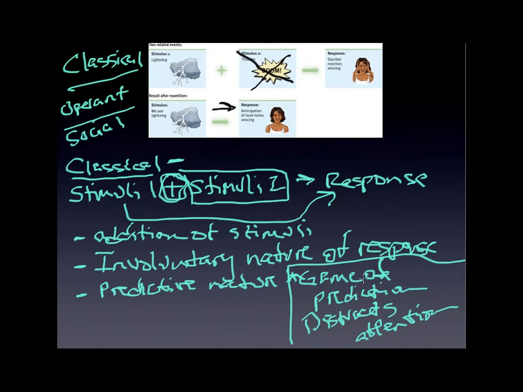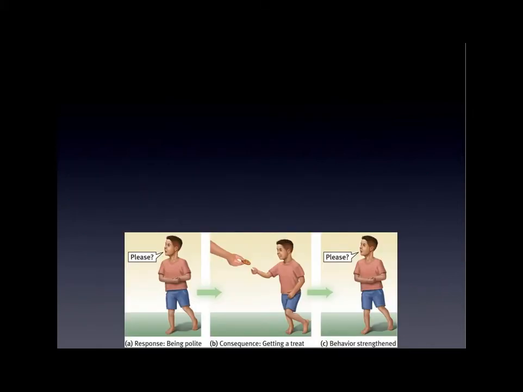Now, let me turn my attention to operant conditioning. What we just finished was classical conditioning, the connection of two stimuli to a response, where one stimulus eventually falls away and we're left with the one that actually starts the process, if you will.